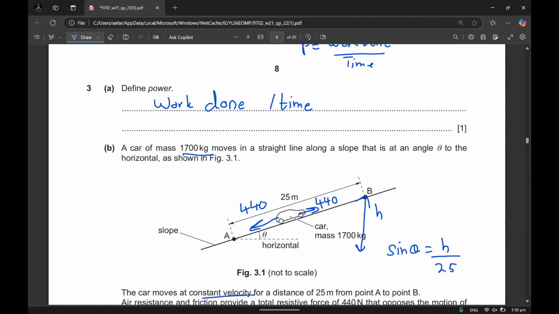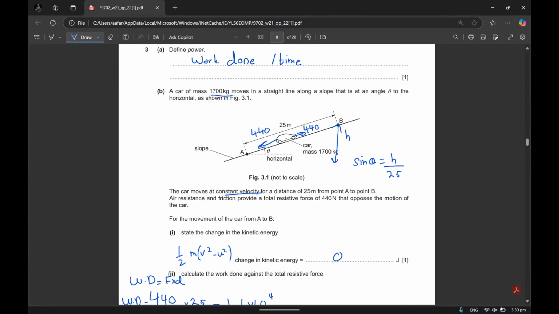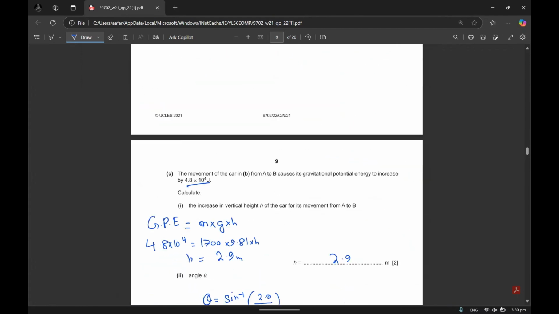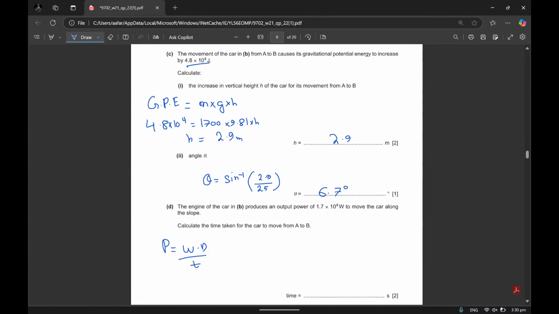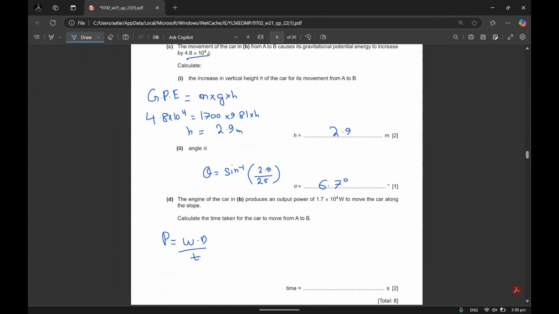So the resistive force is going to be equal to the forward direction force. And the distance we also have. So the work done we figured out was 440 into 25. And to find t, just divide it by power, which is 1.7 10 power 4.